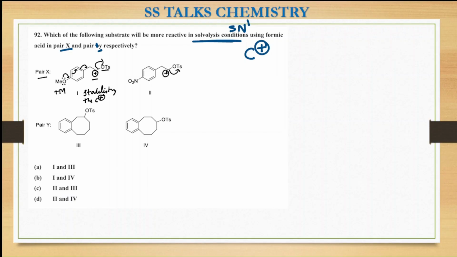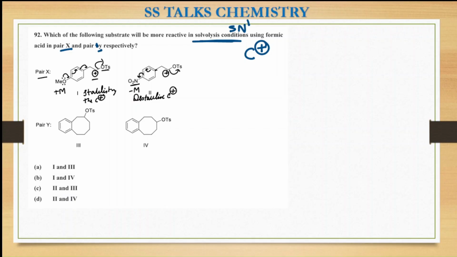Whereas in the second molecule, the NO2 group that is present is going to apply the minus M effect. That means it is going to withdraw the electron density from the benzene ring, which creates an even greater positive charge on this particular carbon center. So this minus M effect is going to destabilize the carbocation.